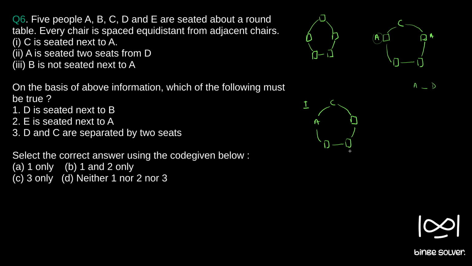D can be here, or when you look in the other direction, there is only one person between A and D, so D can be here also. So these 2 are possibilities.